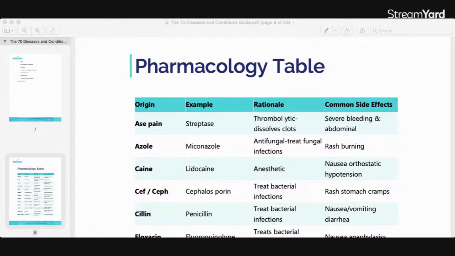So we usually only give streptase if they have an actual blood clot. So you don't give it to prevent blood clots in patients that are high risk, because if you do, they're going to start bleeding like crazy. Okay. So we only give it to patients that have an actual blood clot.